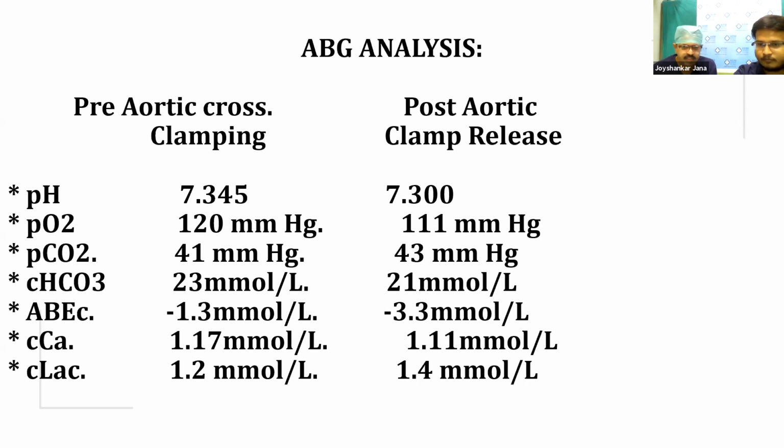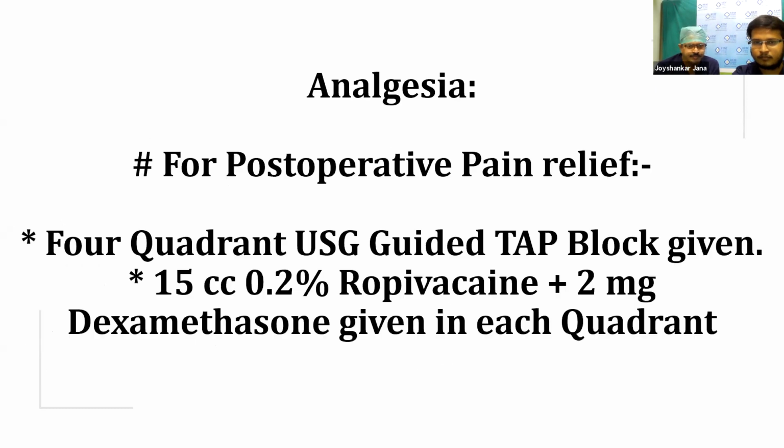Lactate was also within normal limits. As the cross clamping time was within limits, 30 minutes, there was not much hemodynamic instability, and we could get away without treating for calcium replacement or soda bicarb.